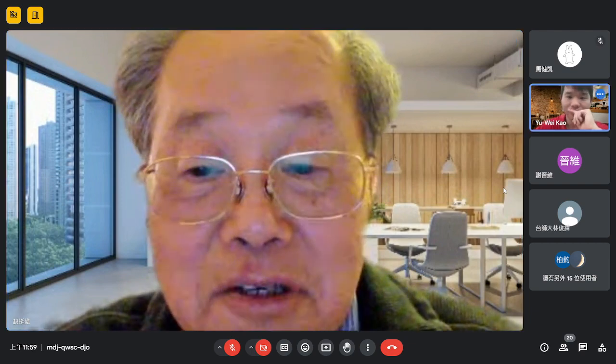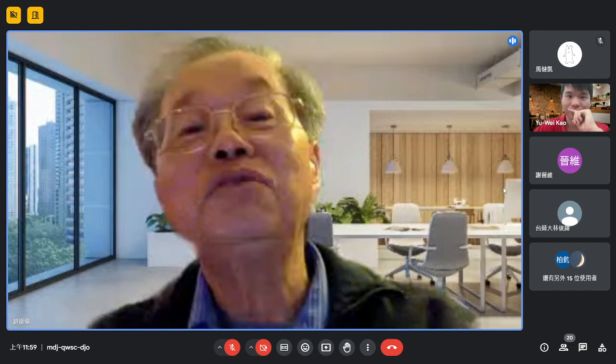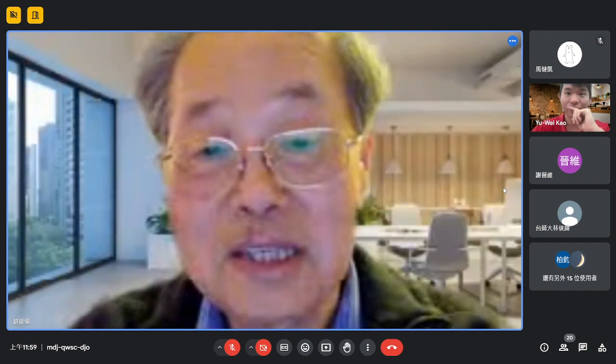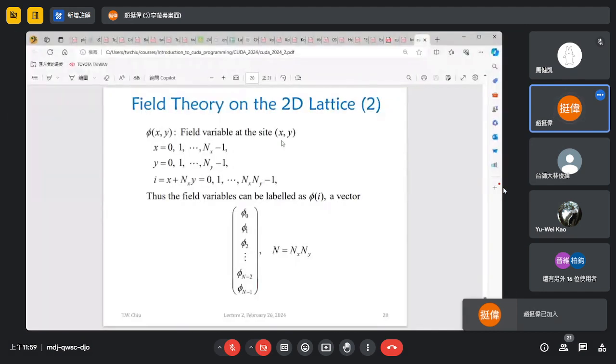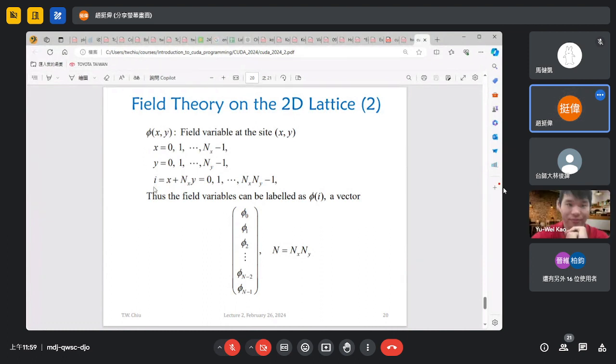Now you see the field on a 2D lattice. You have the X and Y, and then you map it to the 1-dimensional index I. So this is always just a vector.